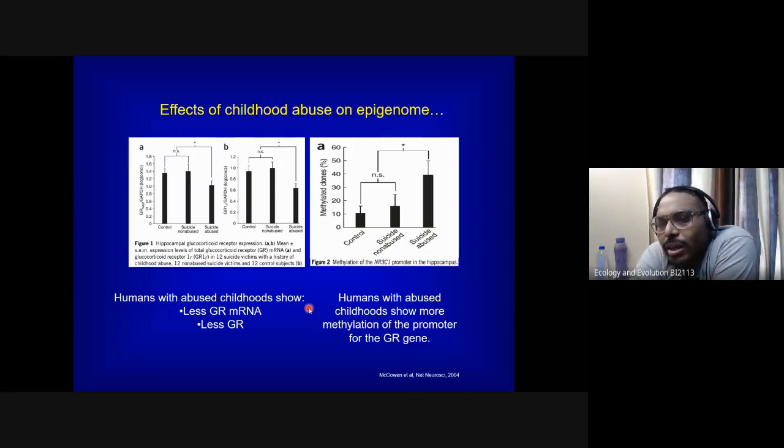So there is a very strong hypothesis that these Romanian babies are probably anxious precisely because of what you are seeing on the screen. Essentially, they have very few glucocorticoid receptors in their brains, and those glucocorticoid receptor genes are very highly methylated in their brains. Now, obviously, you can't just take those babies and cut their brains open.